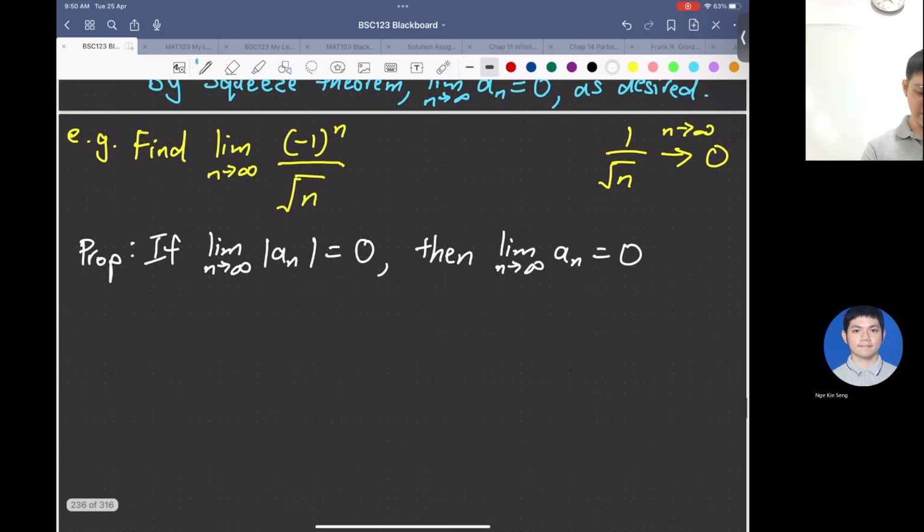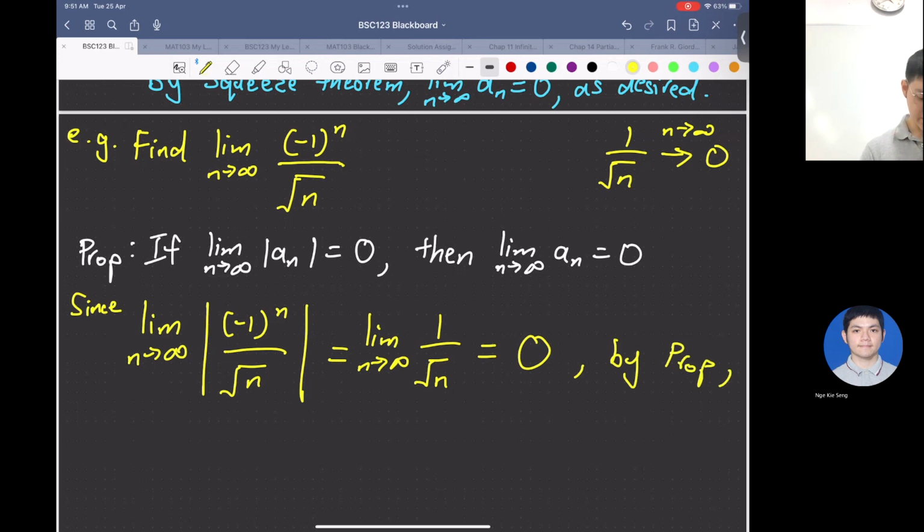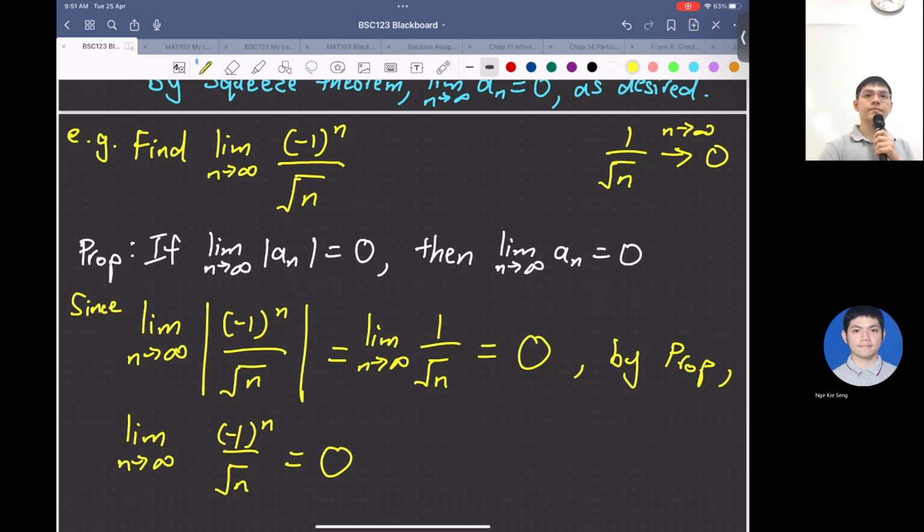So we need to consider the limit as n goes to infinity of the absolute value of this sequence, which is just 1 over square root n, which we found before is 0. Since this is true, by the proposition, we know that the alternating 1 over square root n is also converging to 0.